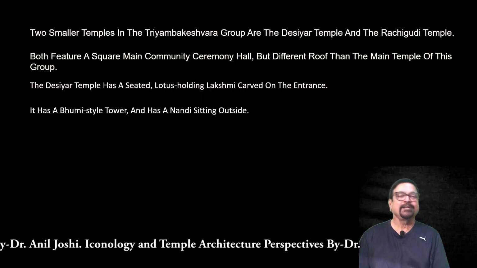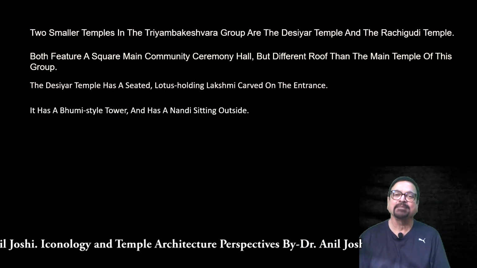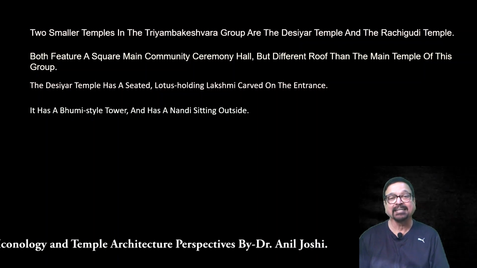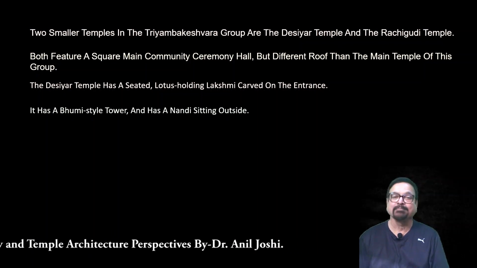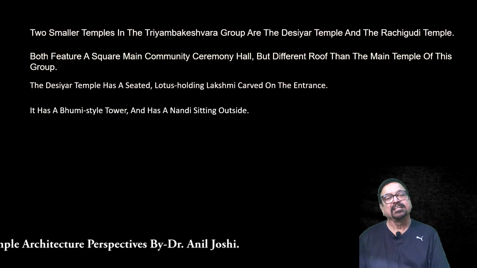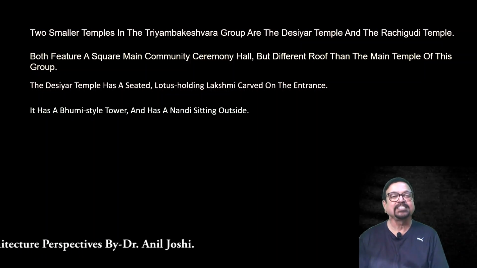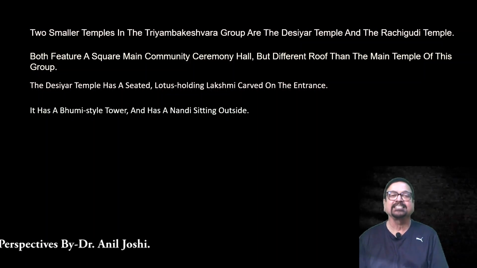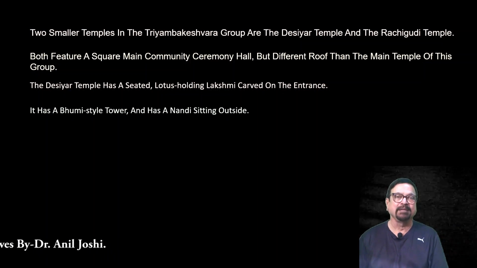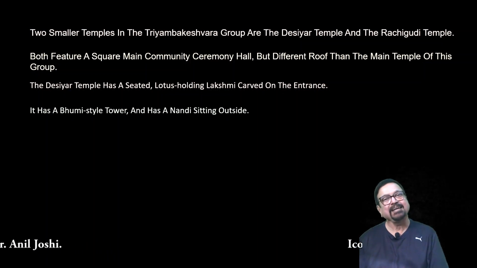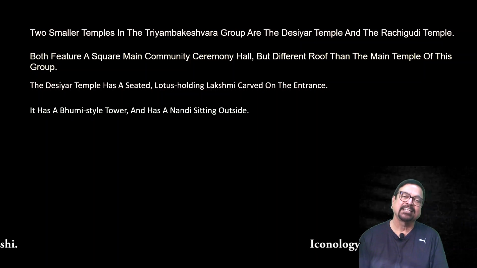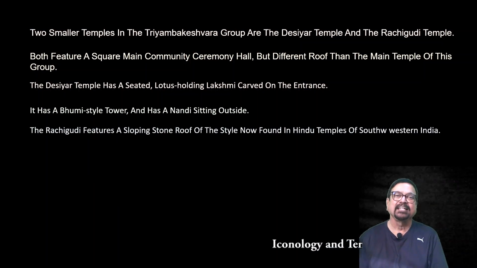Here also in temple architecture, the Nandi position can be in two places. It can be inside the temple and outside the temple also. In South Indian style, most of the time we will see Nandi sitting outside, and there is a separate Nandi Mandapam for him. So here also it's the same Bhumi style tower where the Nandi is sitting outside.